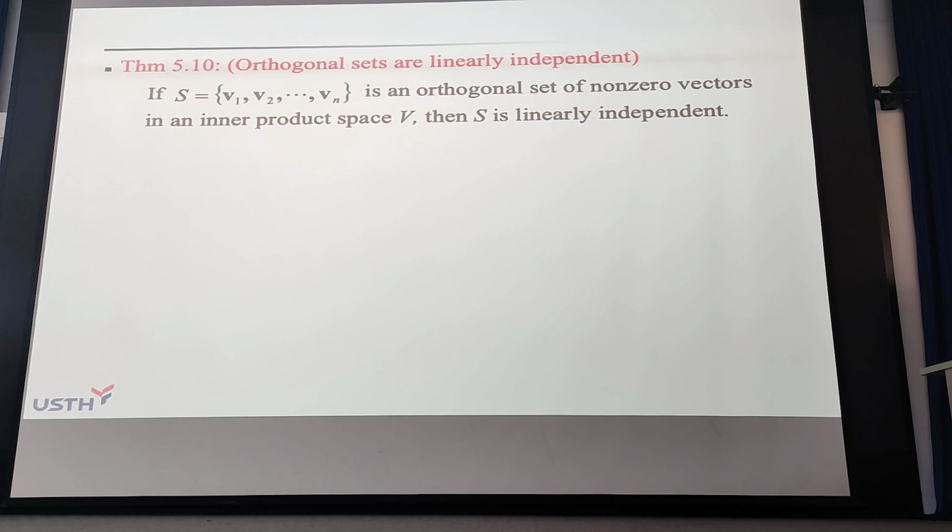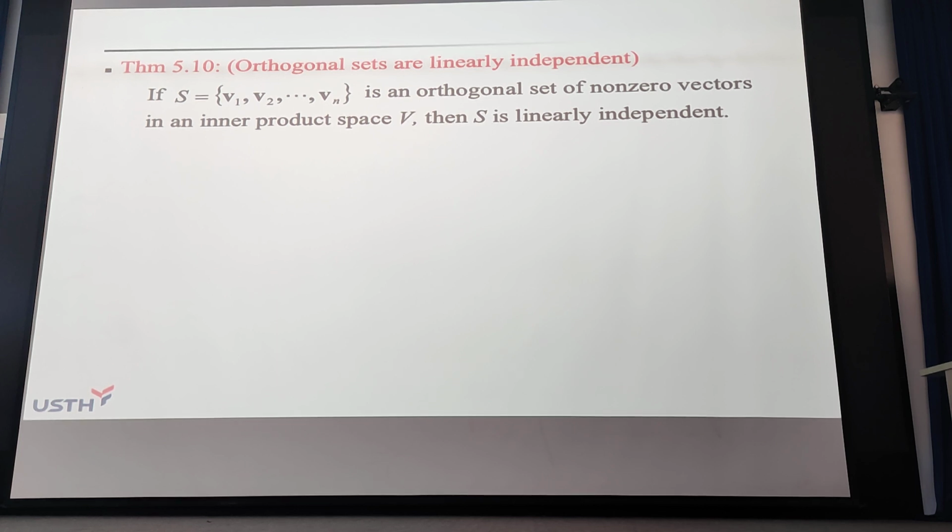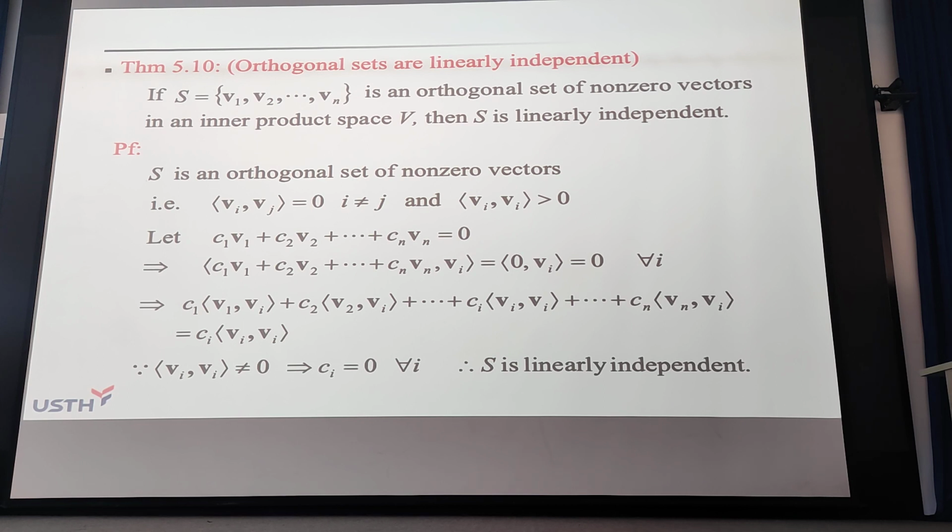In order to verify something to be linearly independent, we need to consider a system of linear equations, and then we need to show that the system has only the trivial solution. And here, in case S is an orthogonal set, it is very easy to verify that the system has only the trivial solution. Here is some explanation.